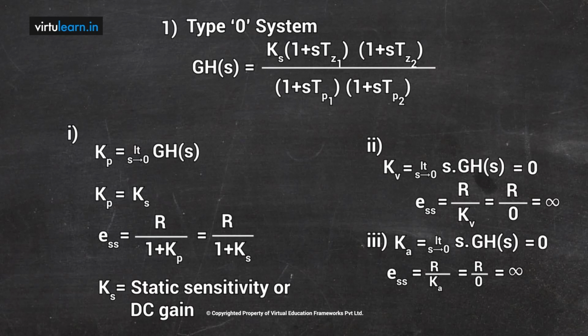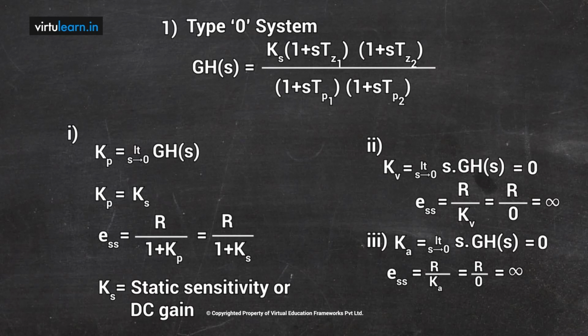Velocity error constant: we know already for type 0 system, the GH of s expression is available to you. Now the Kv equation is limit s tends to 0 of s into GH of s. In GH of s we have Ks into all zero terms divided by all pole terms.